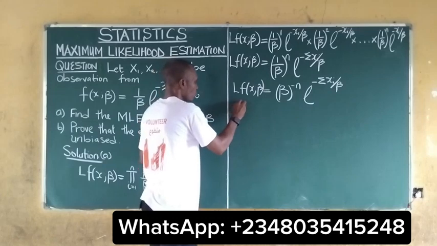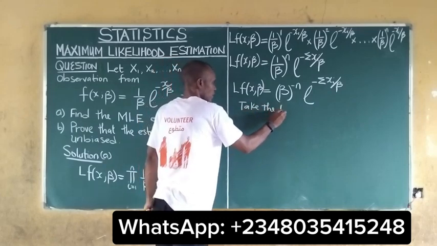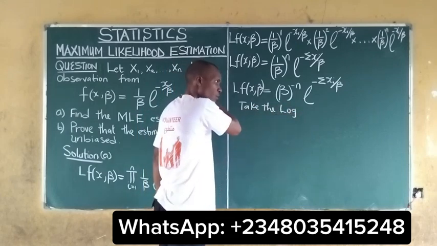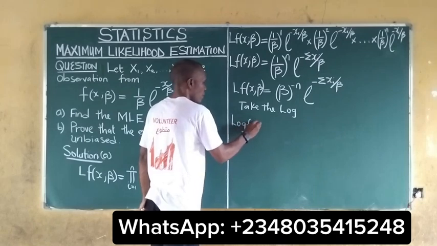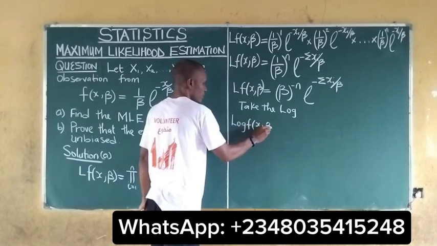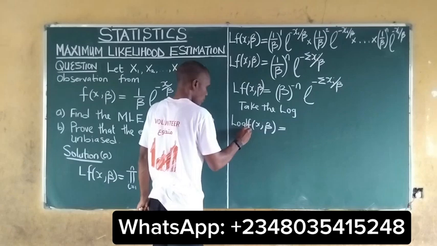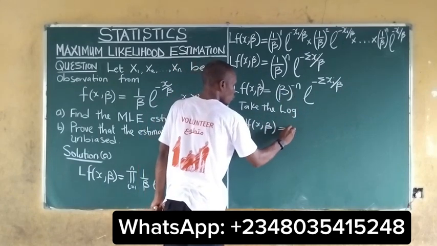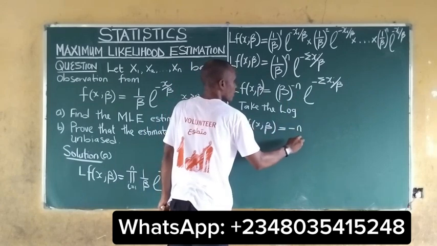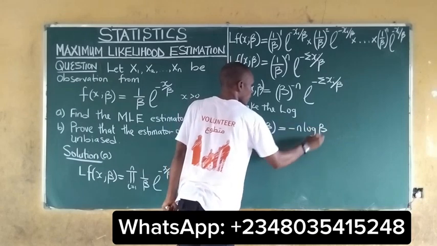The next thing to do is to take the log. If we take the log, we say log f of x, beta will be equal to, if we take the log of this function, negative n log beta.